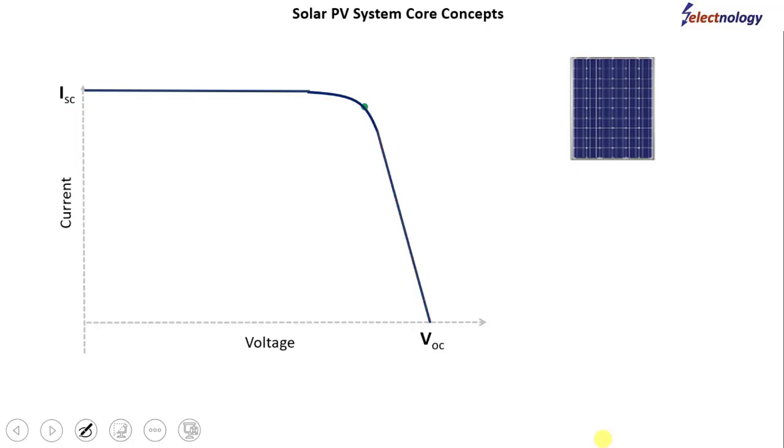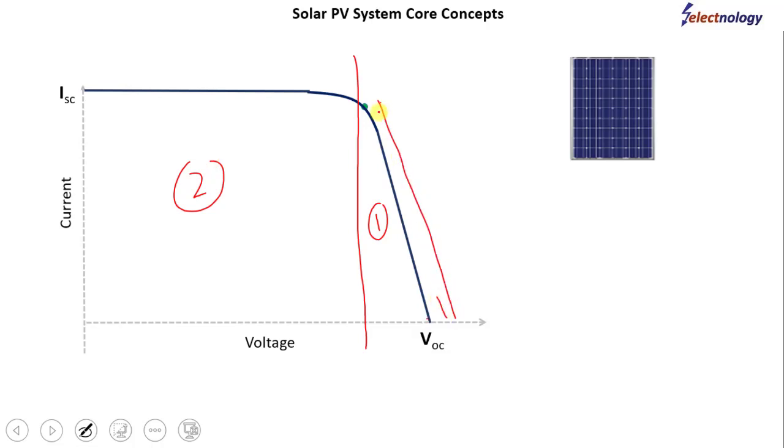But now this graph has two parts. That means the relationship between the voltage and current has two parts. The first part is this one and the second part is this one. What this means is that the relationship between voltage and current from this point up to this point is reverse, meaning if the current is increasing, the voltage is decreasing.